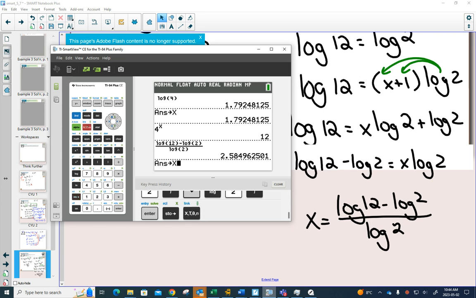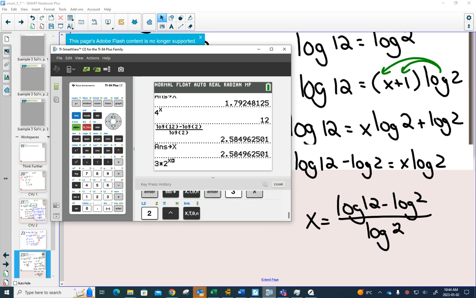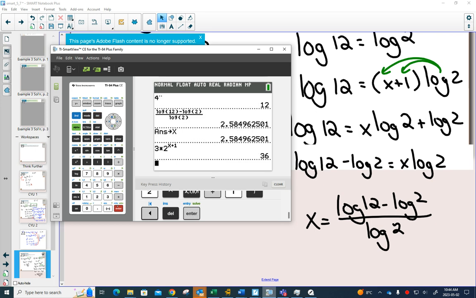I'm going to store that as x. And I'm going to check. On the original equation, I had 3 times 2 to the exponent of x plus 1. If this is equal to 36, I know that I've done it right. It's always nerve-wracking, right? Push the enter button.